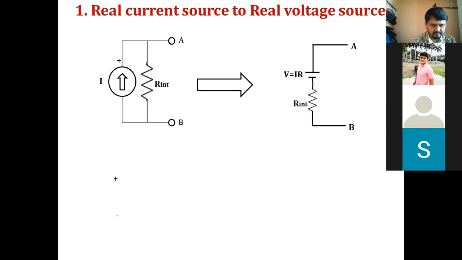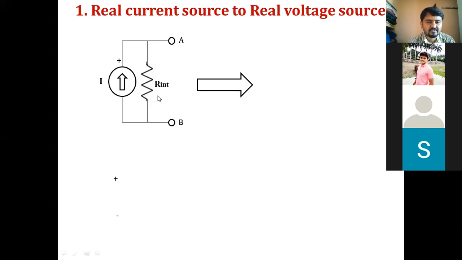Is it clear? Okay, this diagram. Here the current source is there. We have to convert this current source into a voltage source. To convert into a voltage source, we have to calculate the voltage value.